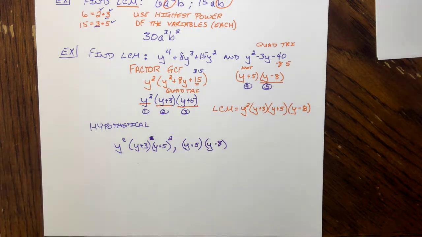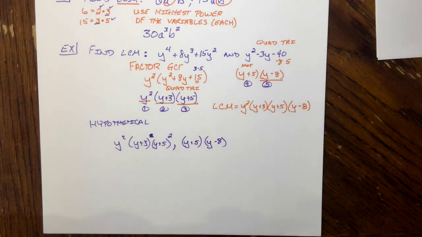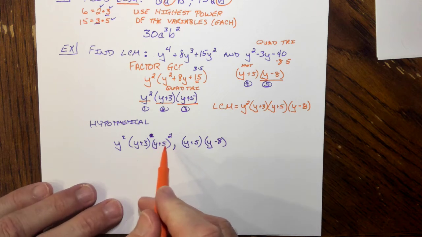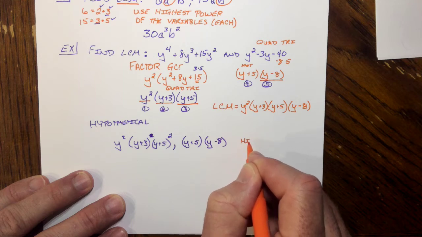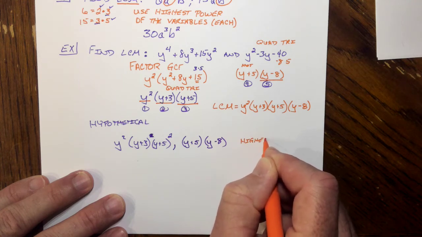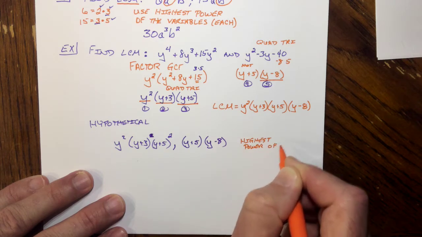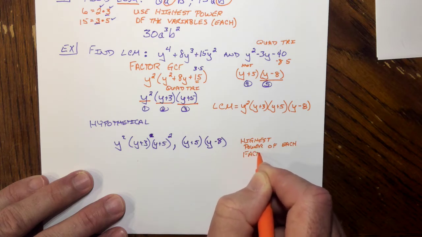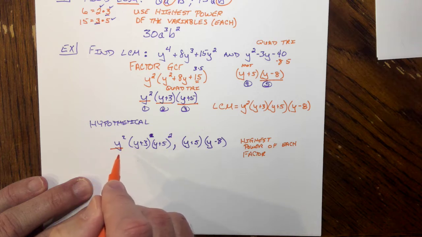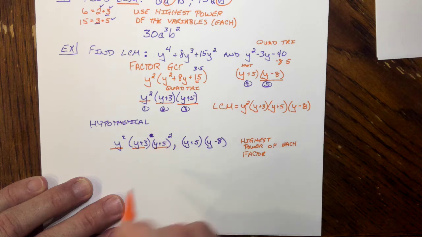Let's say those were our two factor things. So the question then is, it looks like there's repeats here, just like with variables. Use the greatest power or highest power of each factor. So I would have to use this. I'd use my y plus 3. Here's y plus 5 to the second, y plus 5. Use that one, and use that one.